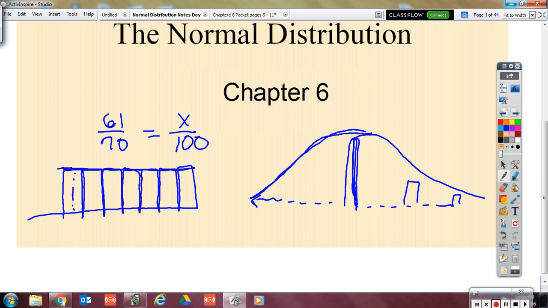So we end up with a distribution that looks more like this. This is truly the way that more real-life situations are distributed. That's why we want to focus on the probabilities related to the normal curve. We want to figure out the probabilities and values with a normal curve instead of just doing things proportionately.